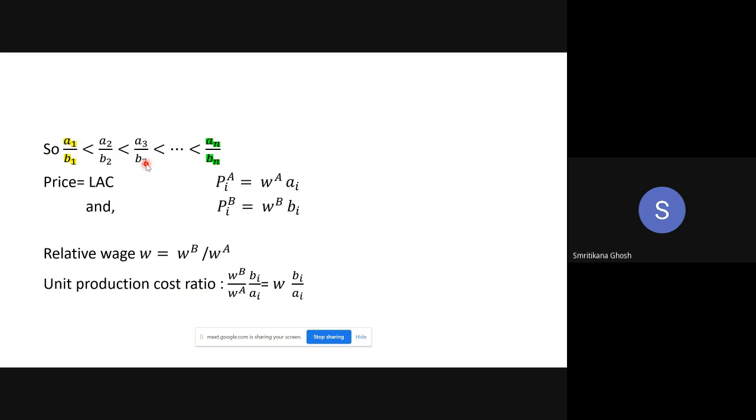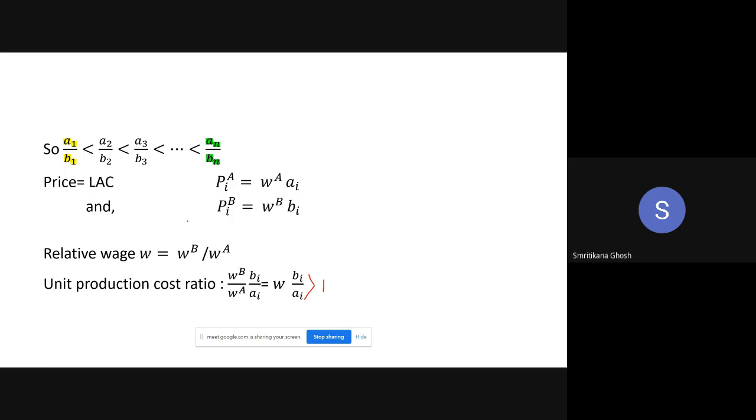Okay, let me go back there. If this one is greater than 1, that means WB into B1 is greater than WA into A1.